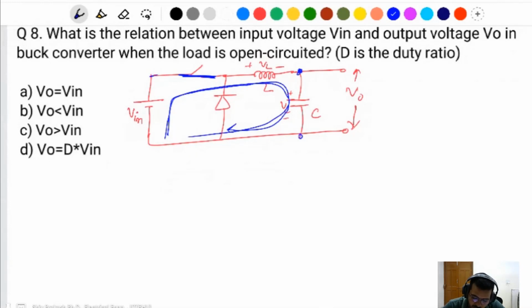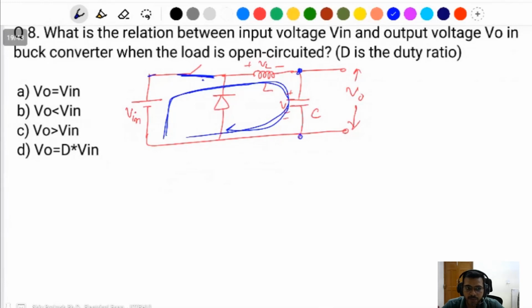At that point the capacitor will behave like an open circuit. It will not charge. If it will not charge, that means the current will be zero. At that point you can say Vc is equal to V in. At that point of Vc equal to V in, the output voltage is the same as V in. The current will not flow anywhere. In steady state, you can say the output voltage is the same as the input voltage.